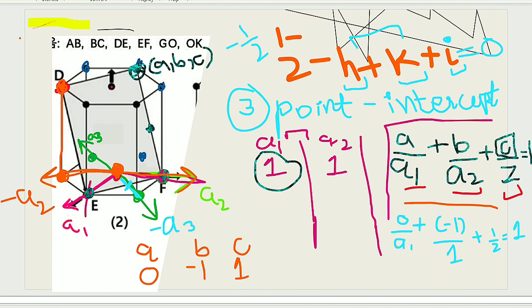Okay, so this expression becomes 0, and that is why I'm not writing it. So we are left with minus 1 divided by 1, which is again minus 1, plus 1 over z, that is equal to 1.